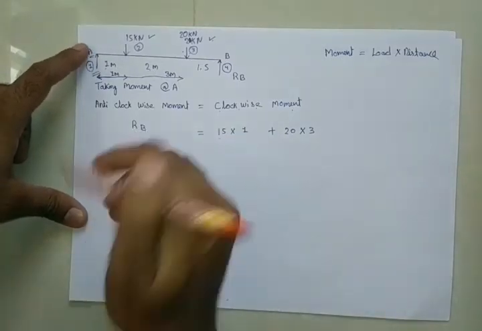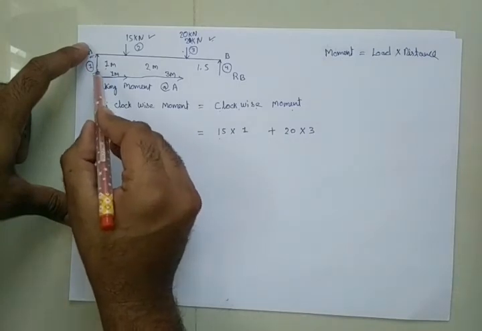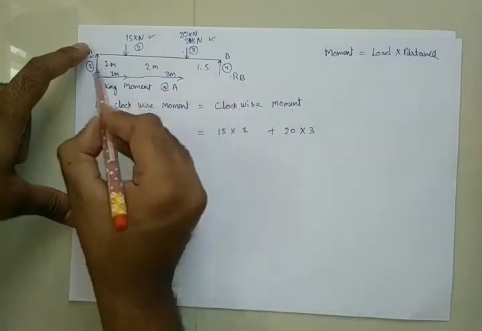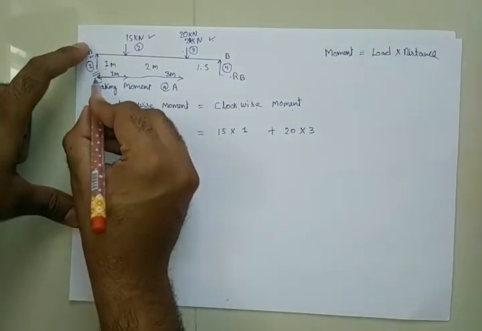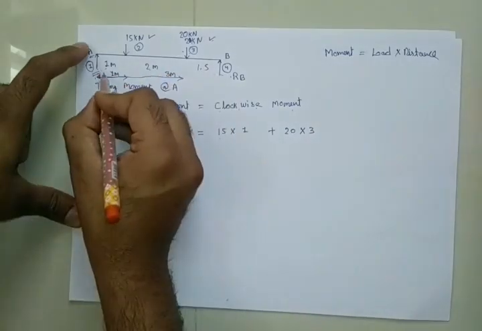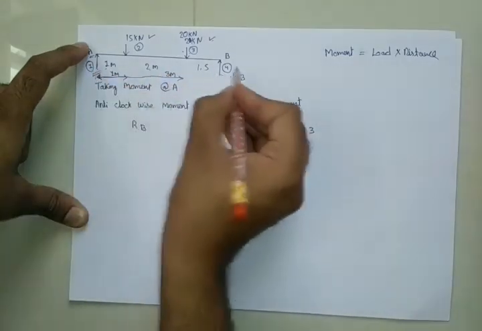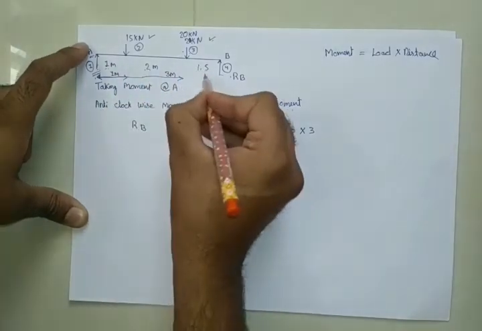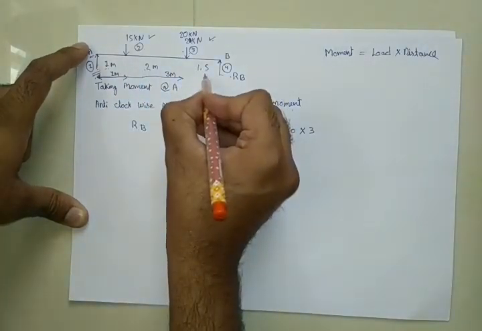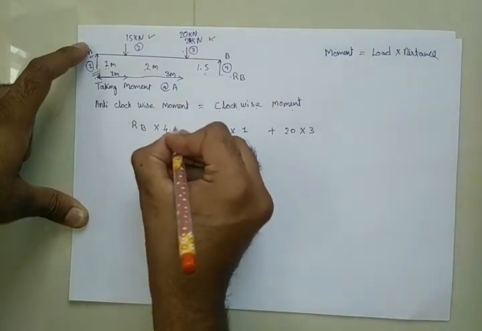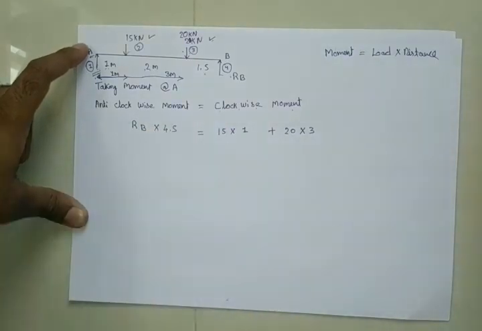And distance, I can say from A to B. What is the total distance from A to B? Because A is your reference point, all the distances are taken from point A. Now when I talk about point A to B, the distance is 1 meter plus 2 meter, that is 3 meter, plus 1.5 meter, that is equal to 4.5 meters. So total distance will be 4.5 meters.